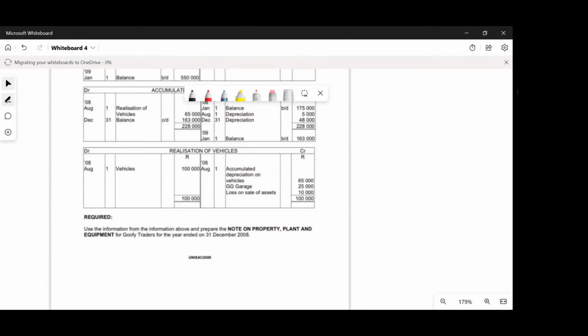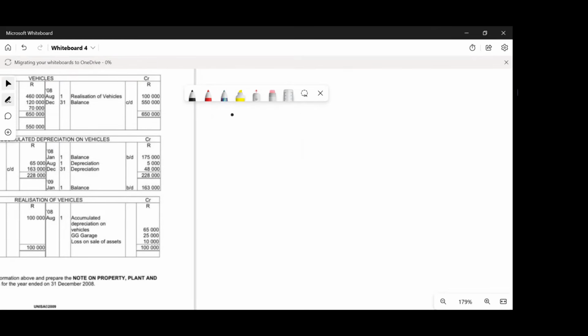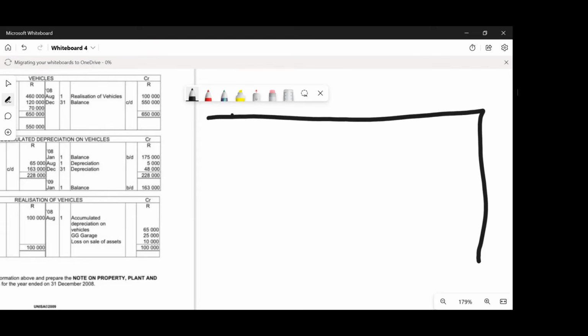Okay, so let's go through it. With yesterday's class, can anyone please give me the format of a PPE that I drafted for you guys yesterday? So here we're doing it for vehicles.